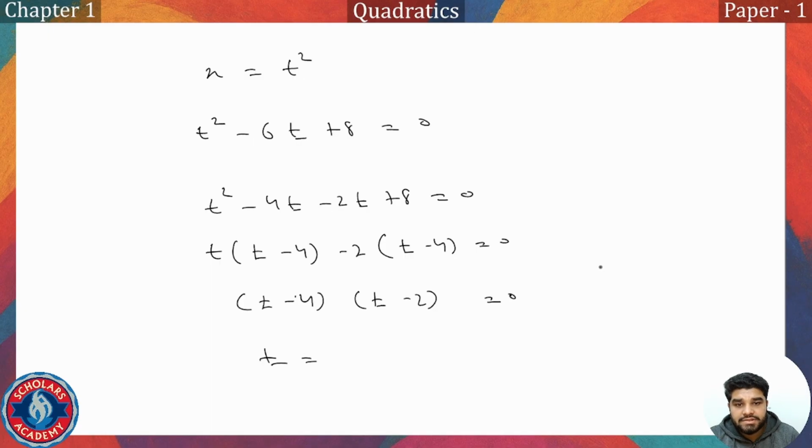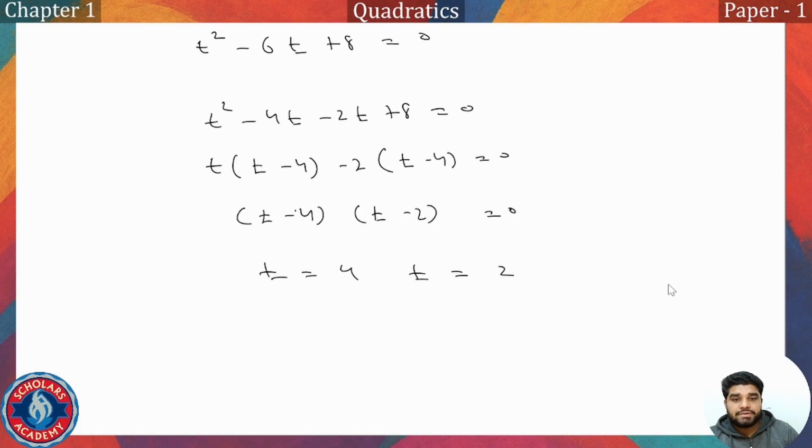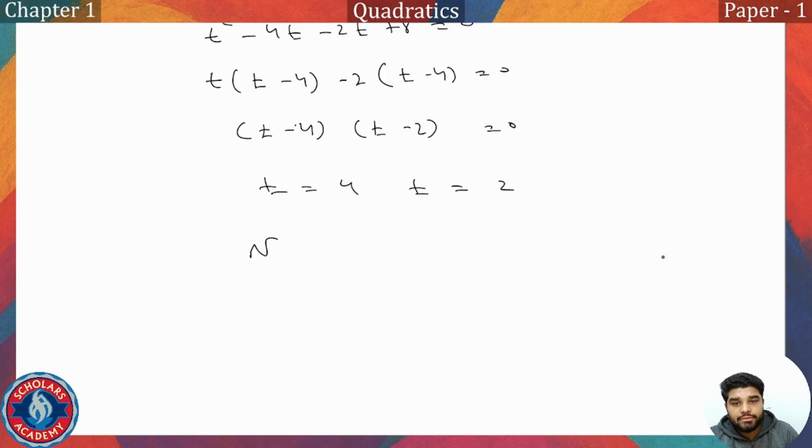We get t = 4 and t = 2. So root x = 4 and root x = 2. That gives us x = 16 and x = 4. I hope it is clear.